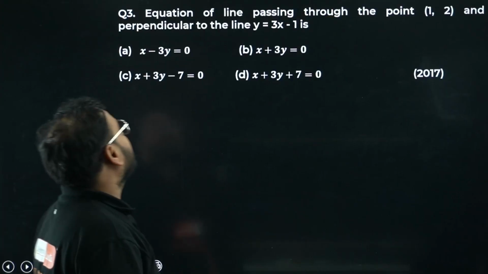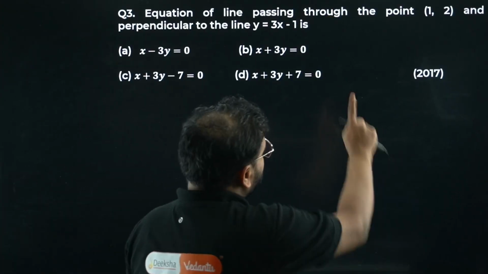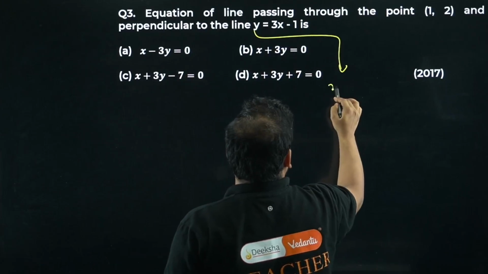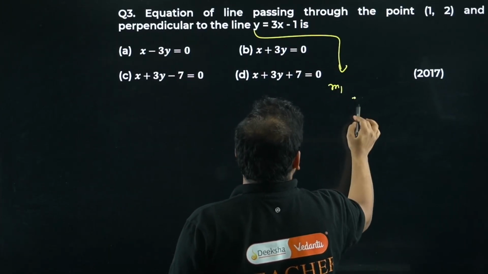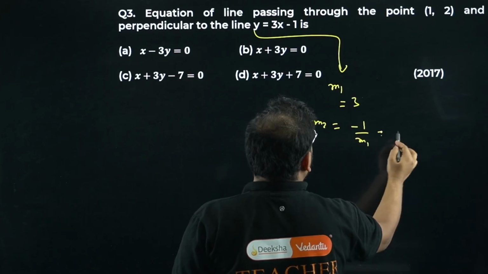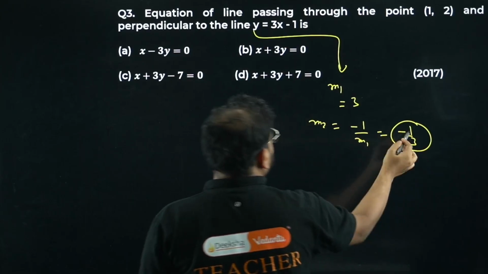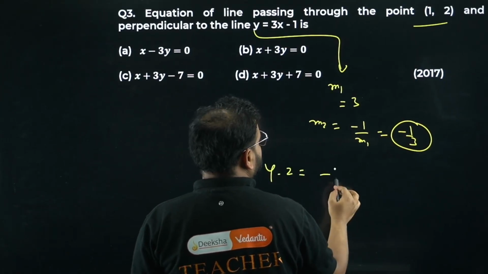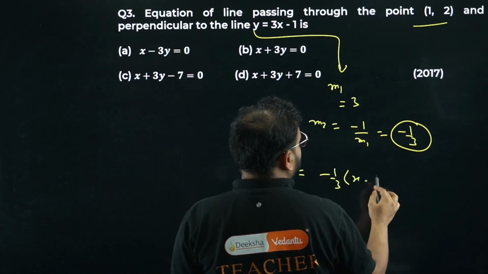Question number 3 now. Equation of a line passing through the point that is perpendicular to this line. Perpendicular means, let's find the slope from here, m1. It becomes simply 3. m2 will be minus 1 upon m1, so we have minus 1 by 3. This is the slope, this is the point. y minus 2 equals minus 1 by 3 times x minus 1.